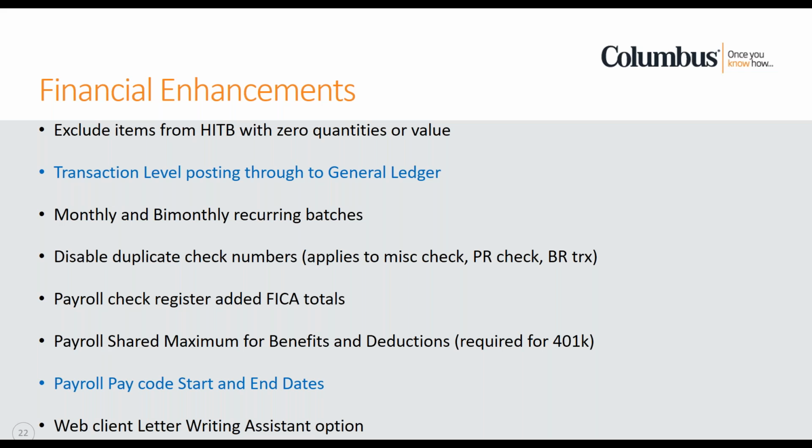The first blue one, the second item on the list here in financials, to me is a pretty big item. This is a major change, I think, to the performance of the software, not the speed, but how it reacts to our desires here. We can now post from subledgers over to the general ledger without creating a batch. And you might say, well, we're doing that now.